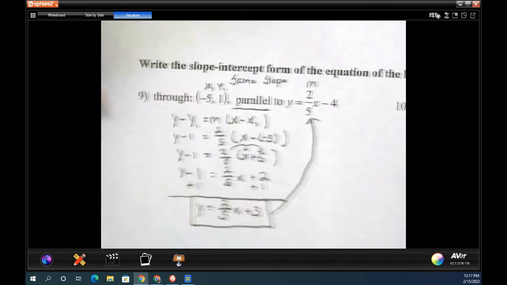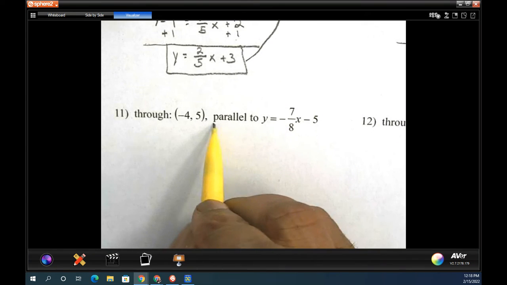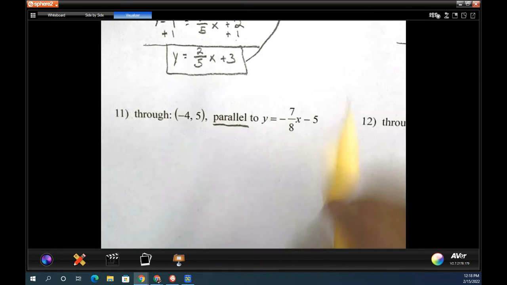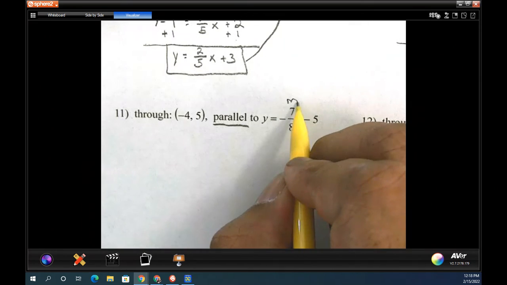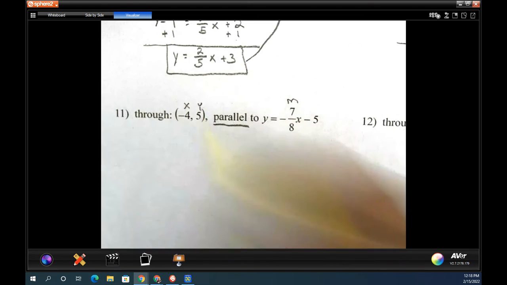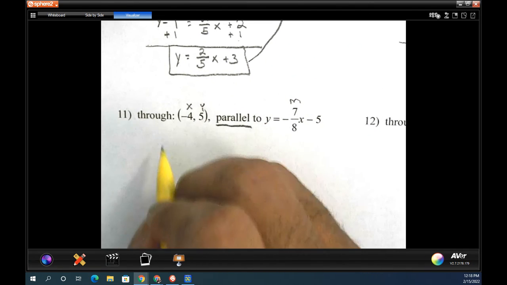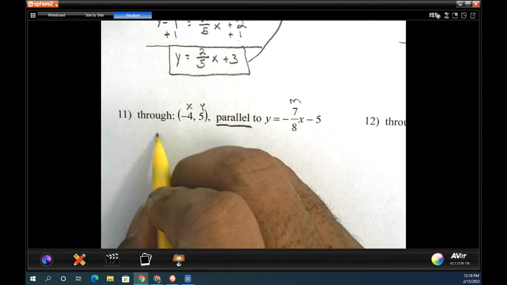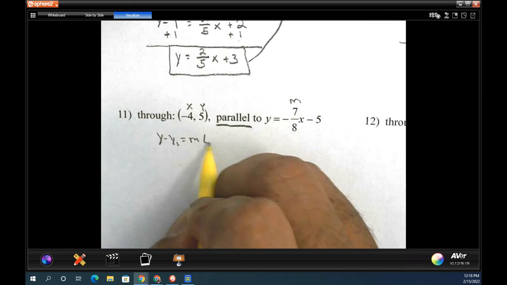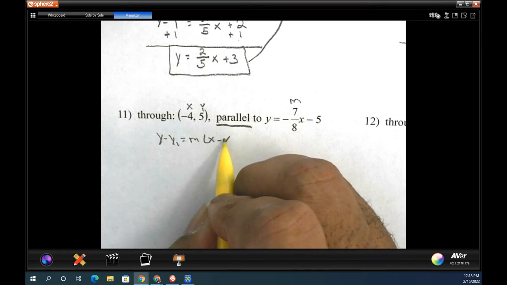Let's go to number 11. Let's look at this one. Parallel lines have the same slope. Goes through there. So there's your m you're going to use. Here's your x. There's your y. So this is y minus y sub 1 is equal to m times x minus x sub 1.